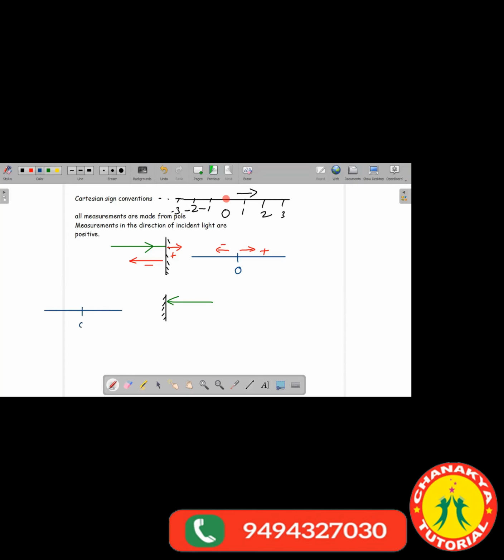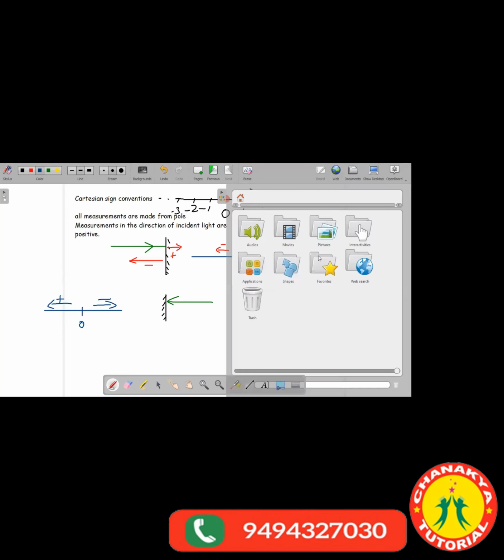For this mirror, we take the left side as the positive measurement and the right side as the negative measurement. So understand this: the direction of the incident light is taken as the positive direction, and the direction opposite to that is taken as negative. The same thing we apply to concave and convex mirrors. So let's make a concave and convex mirror and see how these things are applied there.